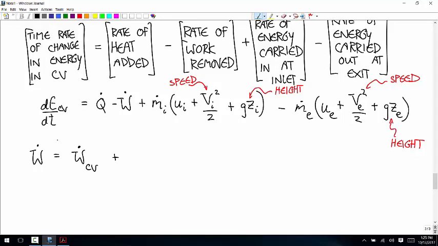And at the exit, the stuff in the control volume is going to be applying a force to the surroundings in the same direction as the motion of the particles. So at the exit, you're going to have positive work done by the control volume on the surroundings. At the inlet, you're going to have negative work done by the control volume on the surroundings.